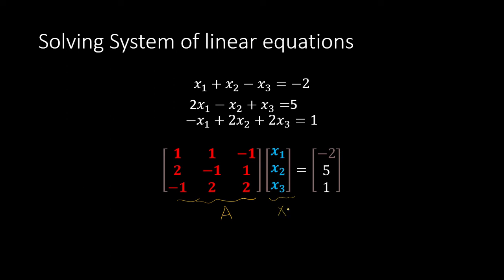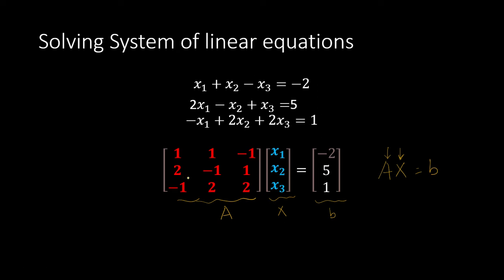We represent it as X, and the right hand side is represented as B. So we write this system of linear equations in the form of Ax equal to B, where A represents the coefficient matrix and X represents the matrix of variables. So here the variables are x1, x2 and x3. We write it in the form of vectors, and on the right hand side we have minus 2, 5 and 1.